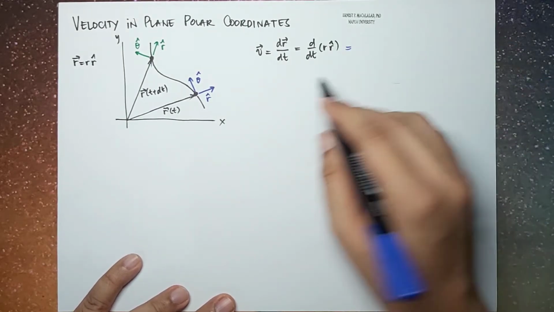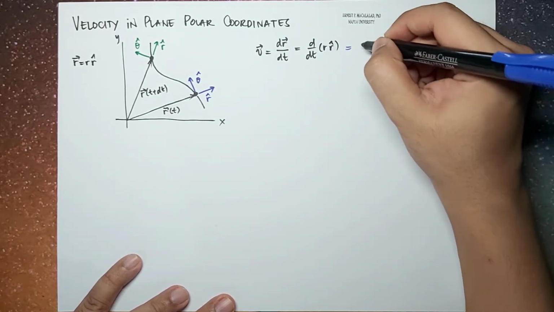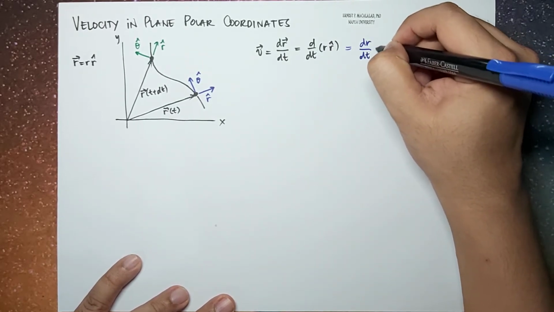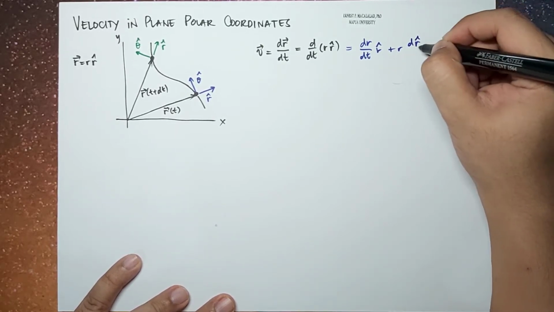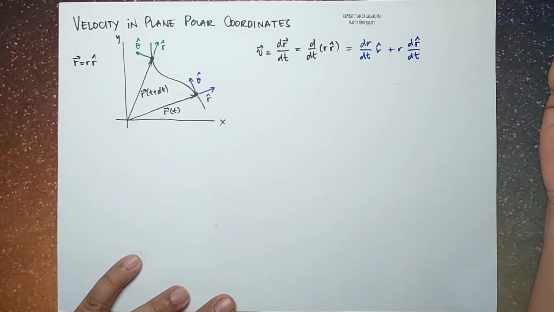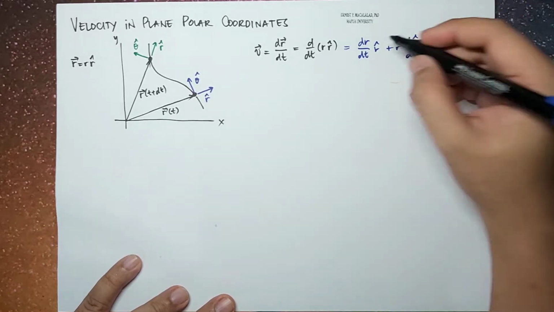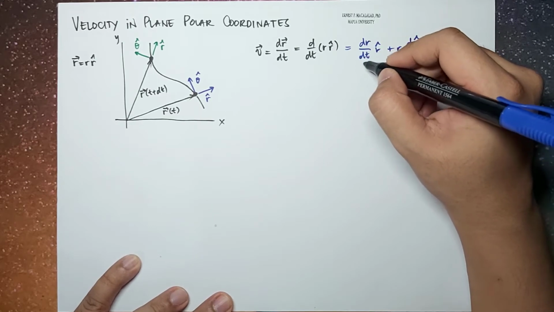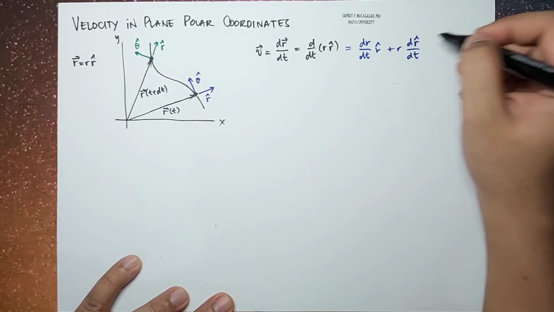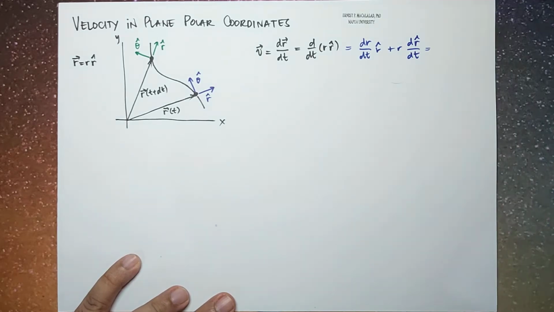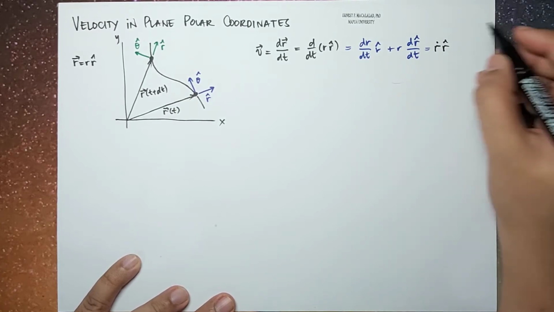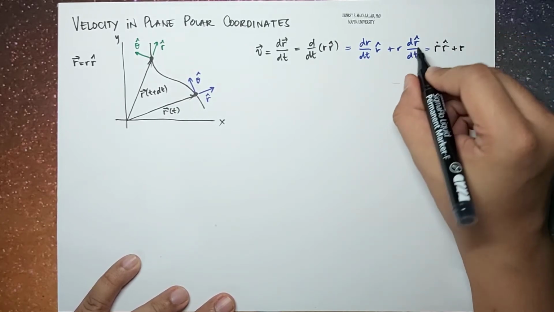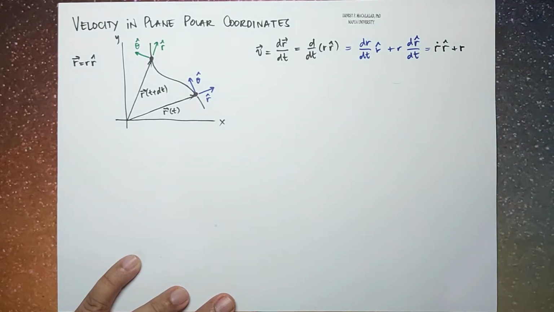So the derivative will be equal to the derivative of r with respect to time times r hat, plus r times the derivative of r hat with respect to time. The derivative of r with respect to time is just r dot, so this becomes r dot r hat, and then r times the derivative of r hat with respect to time.